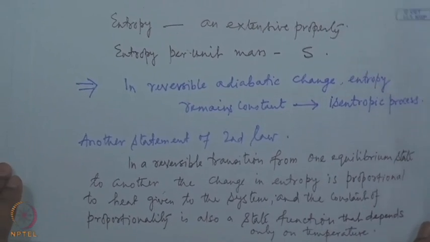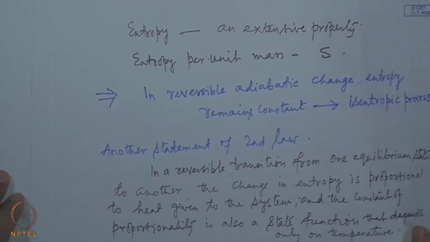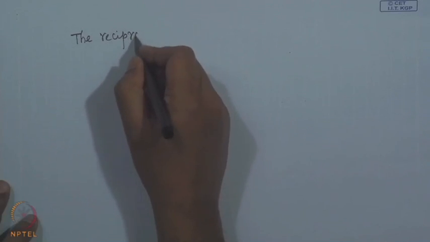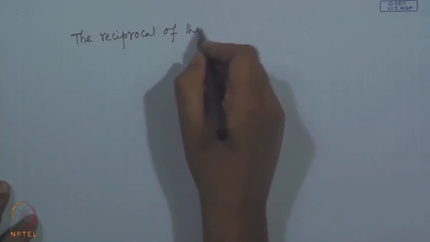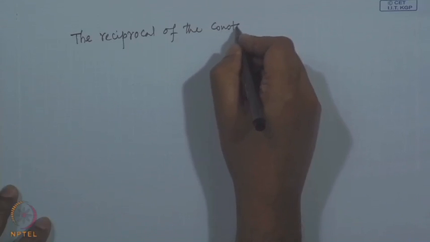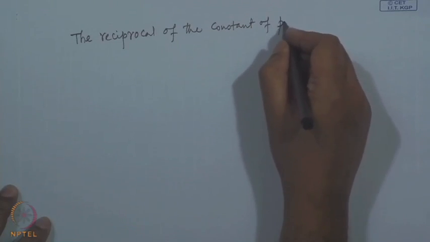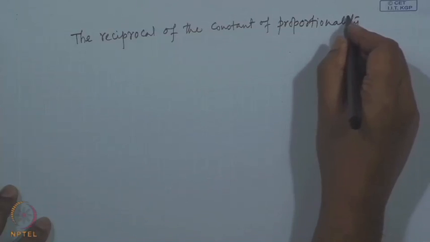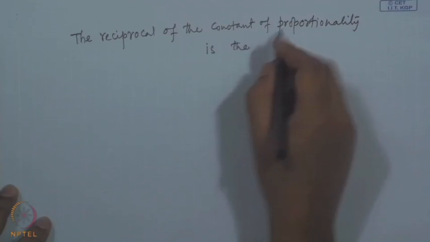And the inverse or reciprocal of this constant of proportionality is defined as the absolute temperature. The reciprocal of the constant of proportionality is the absolute scale temperature.